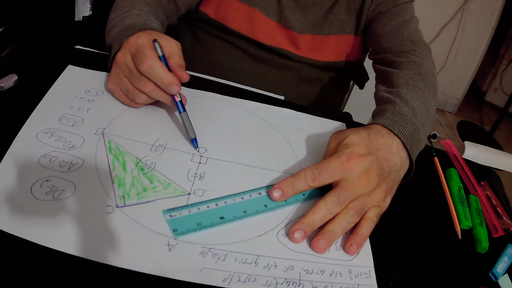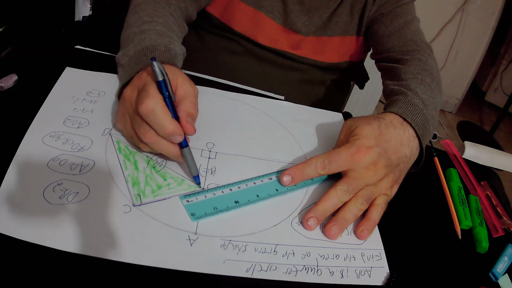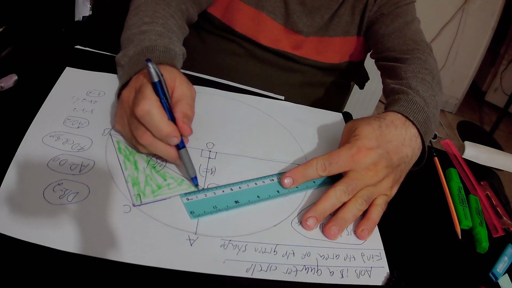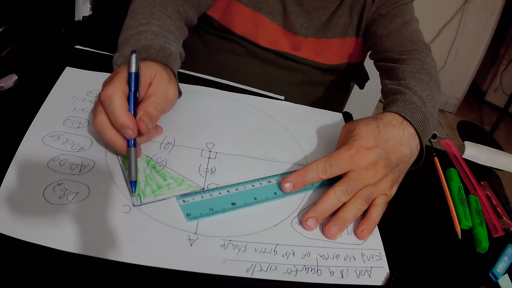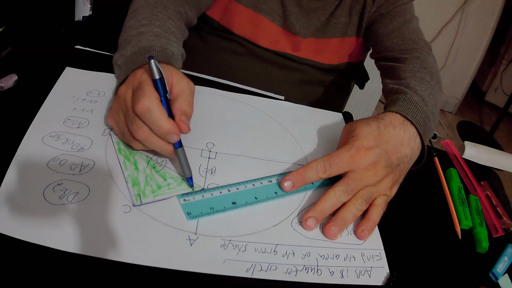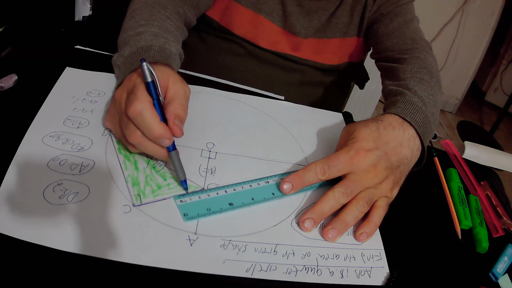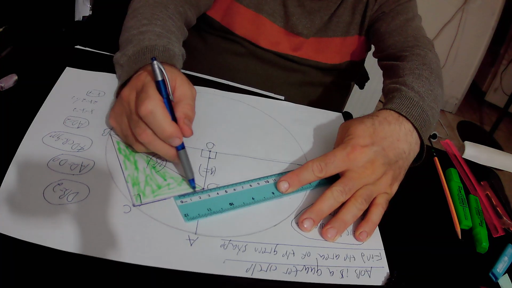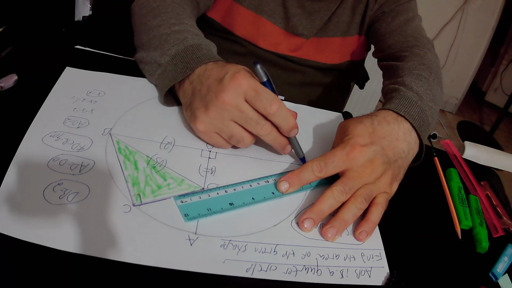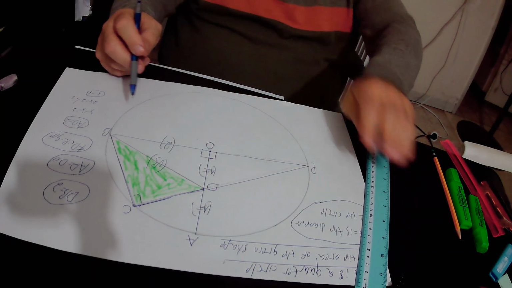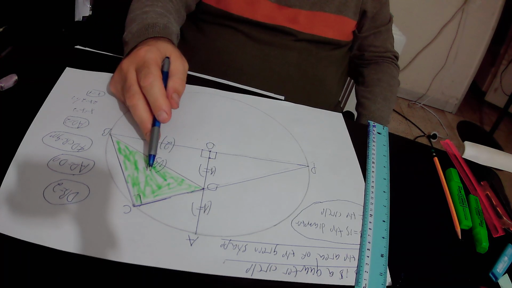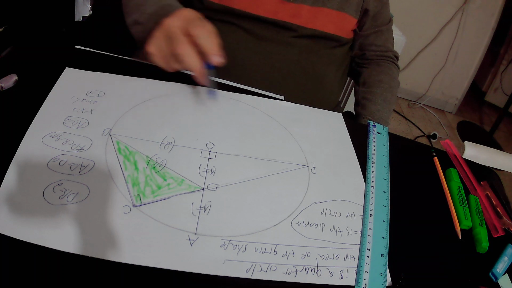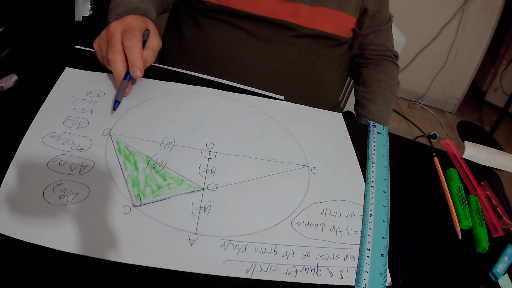Okay, so here, side CD must touch the circle after we extend it. Side CD must touch the circle at point P and at point P only. And here we have peripheral angle BCP that is equal to 90 degrees in its size, and indeed it's subtended on PB, that is the diameter of the circle.